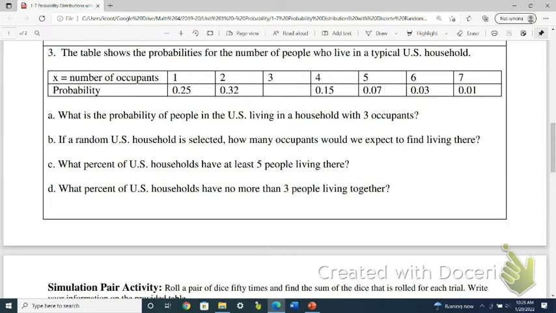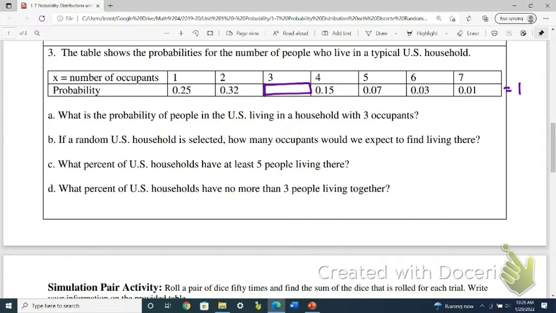Number 3 says the table shows the probability for the number of people who live in a typical U.S. household. You'll notice one of these is blank. So we need to figure out what goes in there. Well, we know this should all add up to 1. So for A, it says, what is the probability of people living in a household with 3 occupants? So that's the one that's blank.